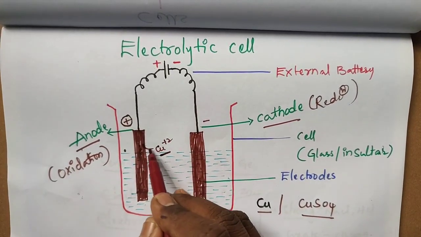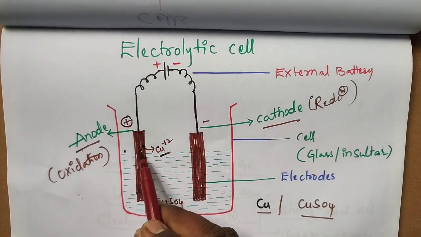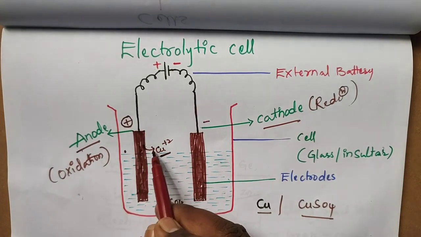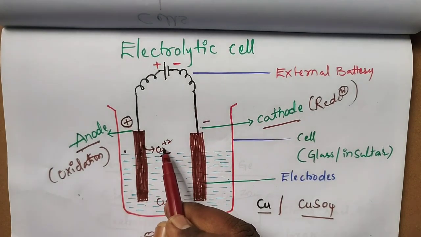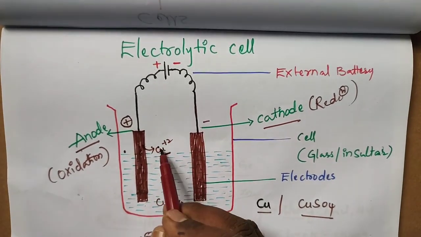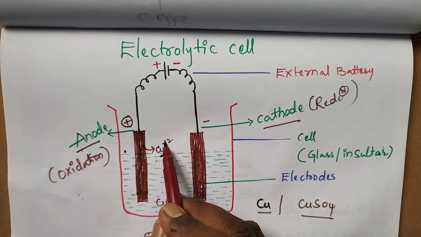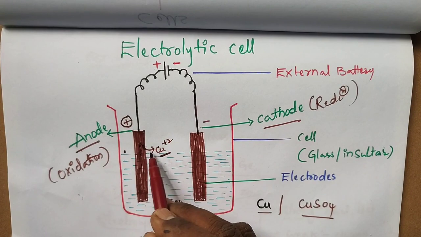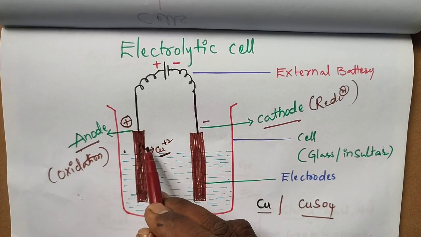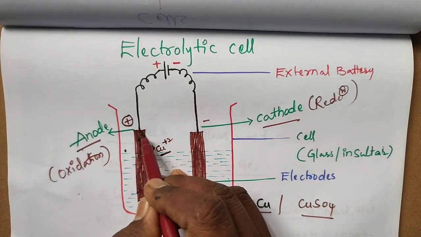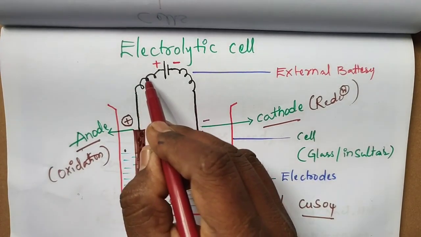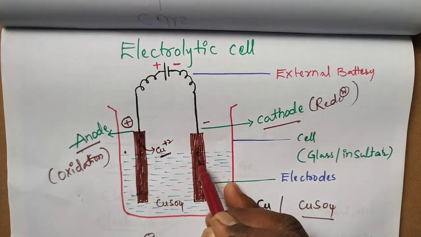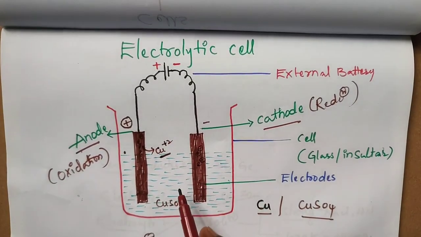At this copper electrode, copper is liberated as Cu plus 2. We call it a copper ion because of the Cu plus 2 state. By the liberation of electrons, the electrons flow from the anode to the cathode.